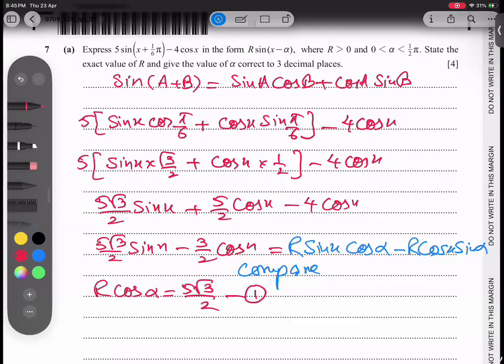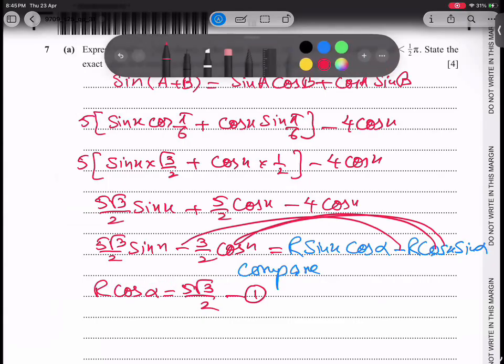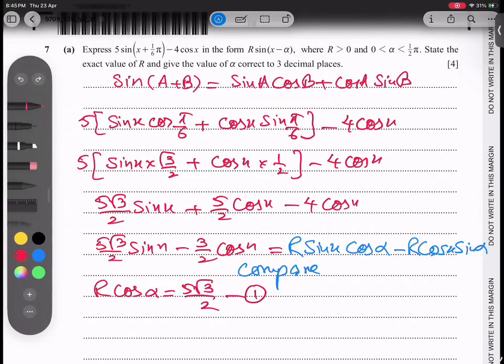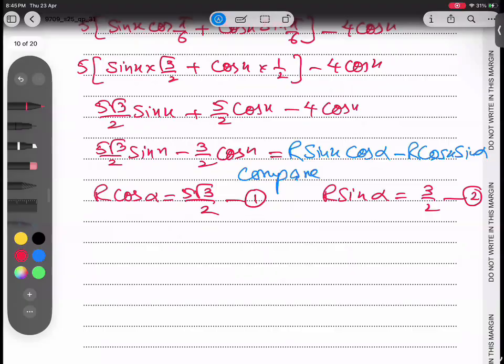Equation number 1. Now cos alpha gone and minus minus gone. So I can say clearly that I'm getting r sine alpha is equal to 3 by 2, equation number 2. Now, students, if I square both, equation 1 squared plus equation 2 squared, and add them, r squared cos squared alpha plus r squared sine squared alpha will become this form.